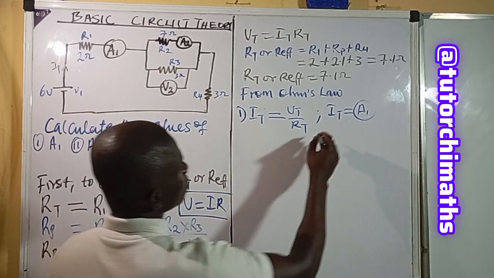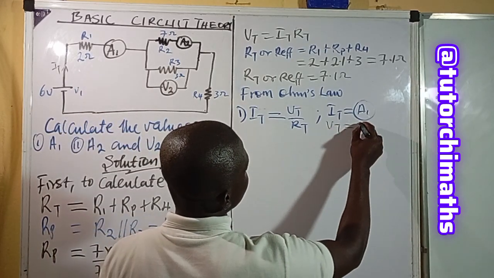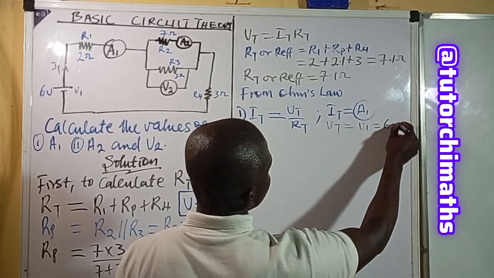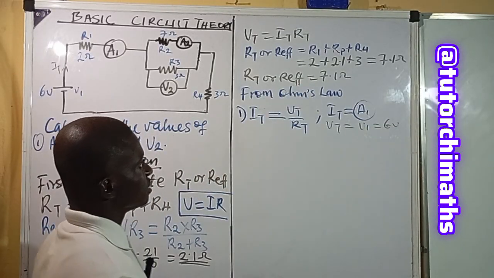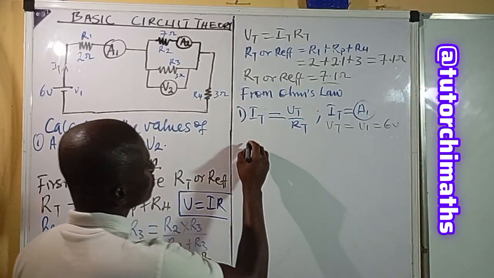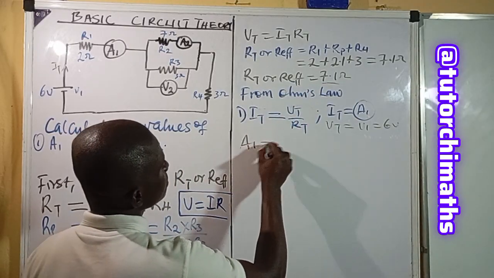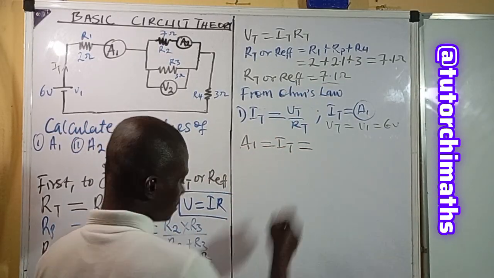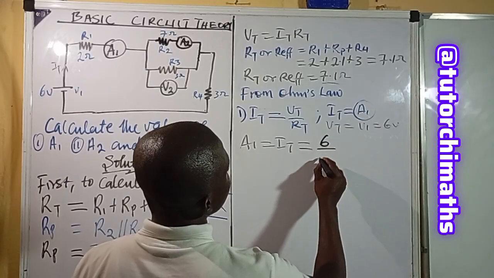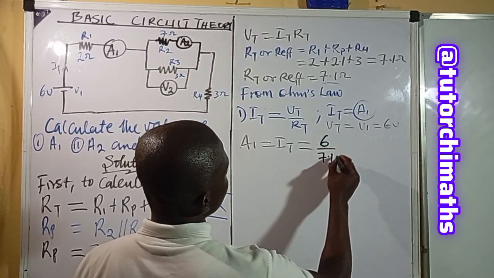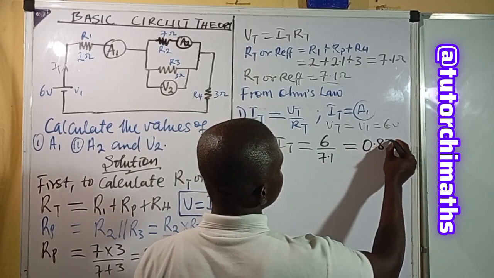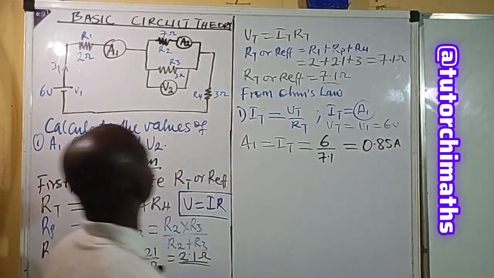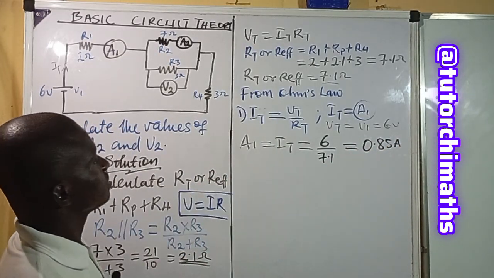Our Vt here is the same as V1, which is 6 volts, and we just calculated our RT, which is 7.1. Substituting, A1, which is our IT, is equal to 6 divided by 7.1 ohms. So we have 0.85 ampere. So that's the value of A1.